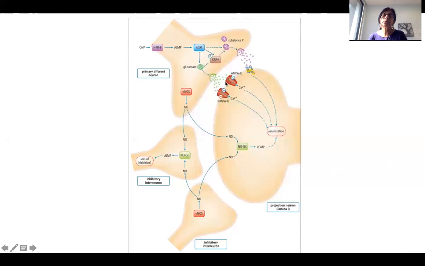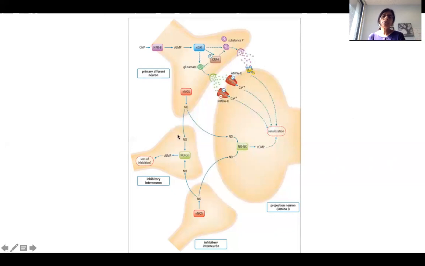It binds to its NMDA receptor and AMPA receptor. Now, substance P is released as well. It binds to its receptor NK1. So both glutamate and substance P are sensitizing the postsynaptic cell, which happens to be our second order neuron, the projection neuron.